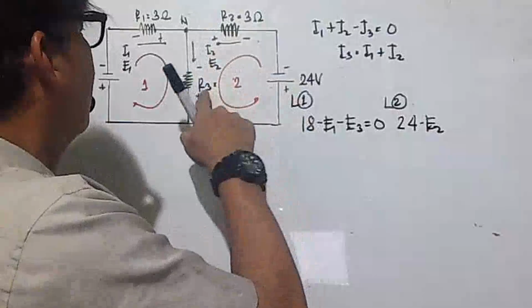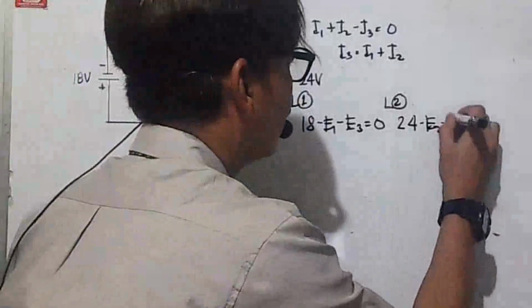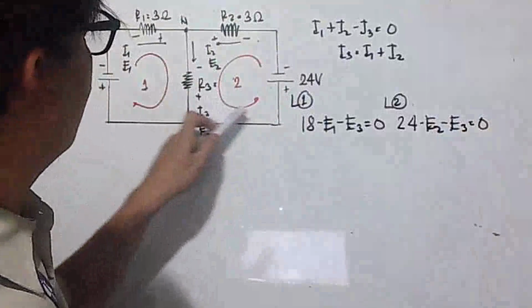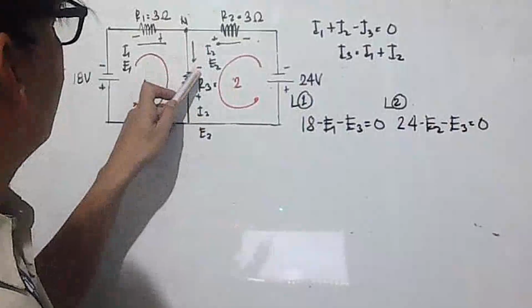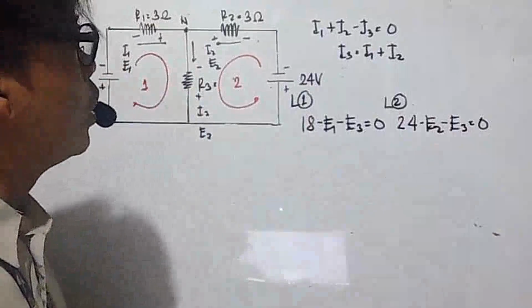Then going down again, R3 is negative, so your E3 is negative, minus E3, equal to 0. I repeat, here positive 24, negative E2, and then negative E3. So there. Now we have three unknowns.